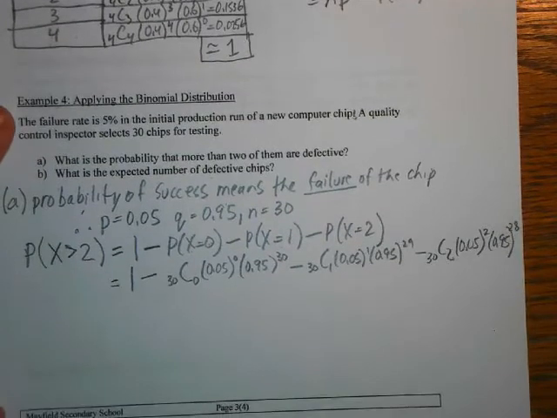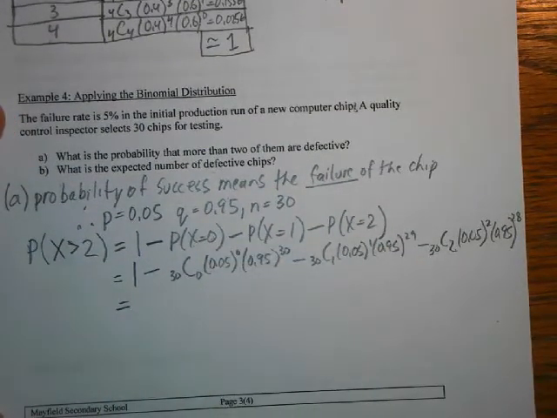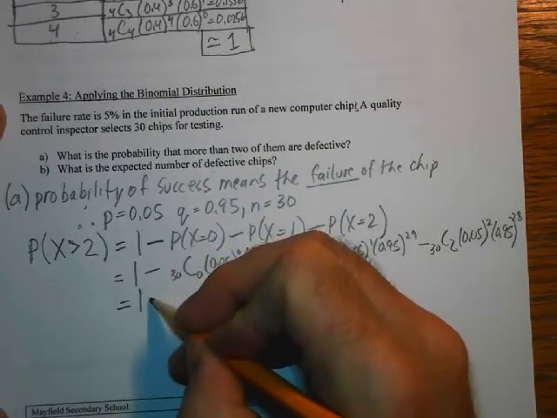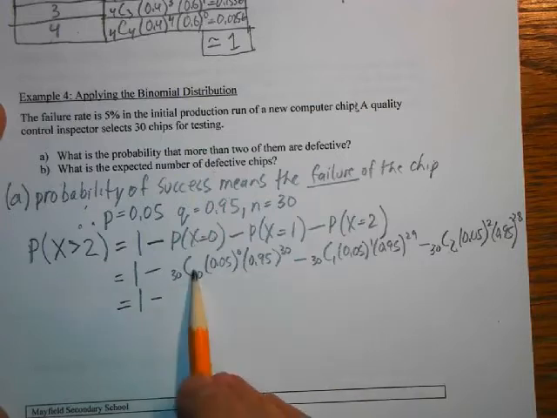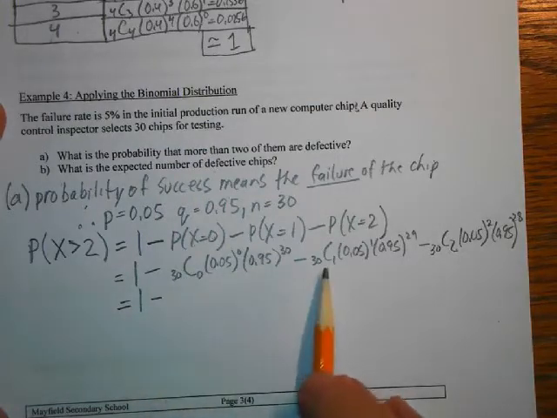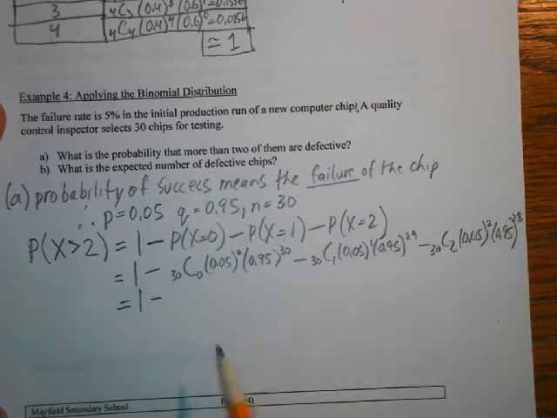Squeezed it in. Okay, so I'll do this in 3 steps. I'm going to calculate the combination value and the combined probability product here.